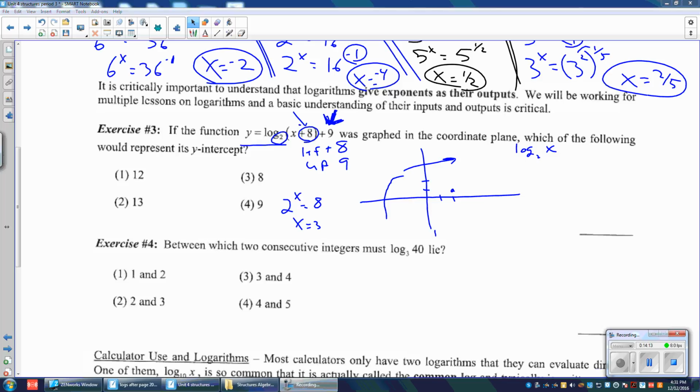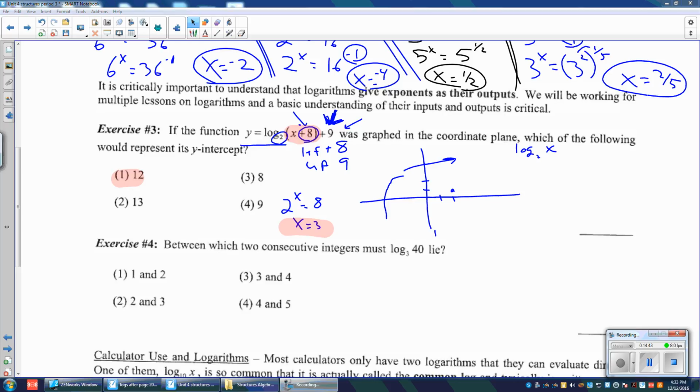Now normally, the y-intercept would be 3, because it's for this part is solved. But because we moved it up 9, we've got to move that up 9 and have the answer to be 12. Now let me just double check. And I just checked the work, and that is correct.